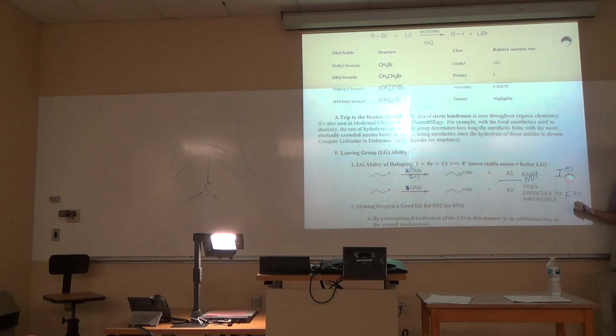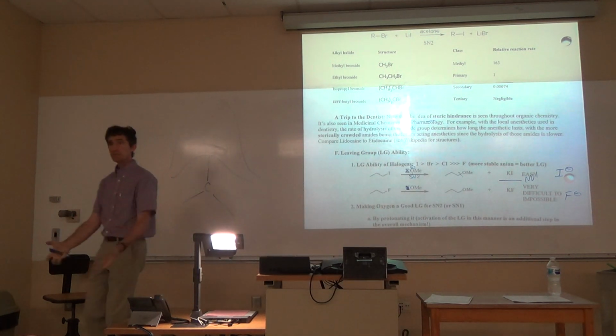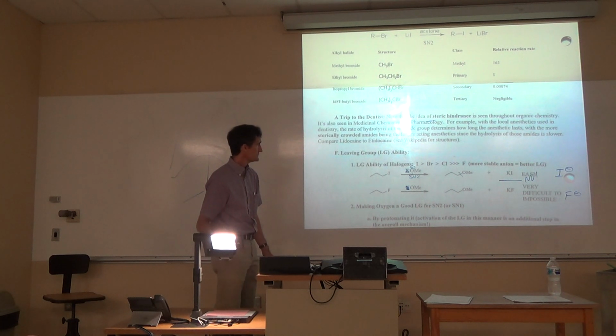F, even though it's the most electronegative atom, is so small. It's a little bit counterintuitive. Should this be eager to form? Actually, no, not compared to that, because it's small. The size makes this actually more stable, and thus more eager to serve as a leaving group and take the lone pair and become minus. All right?